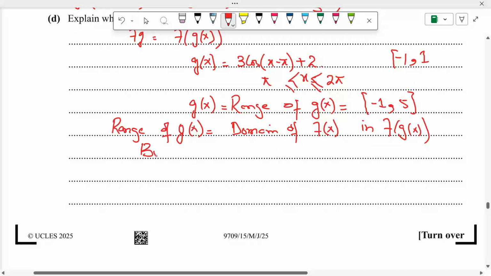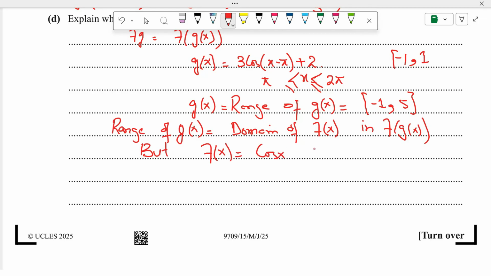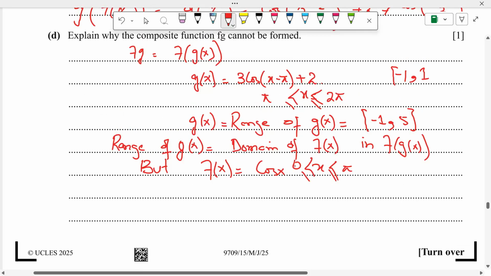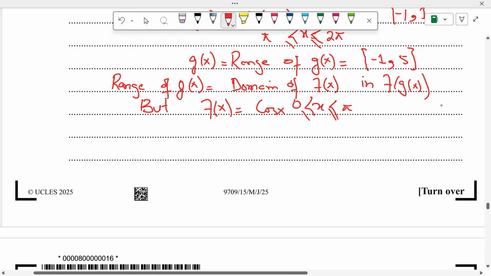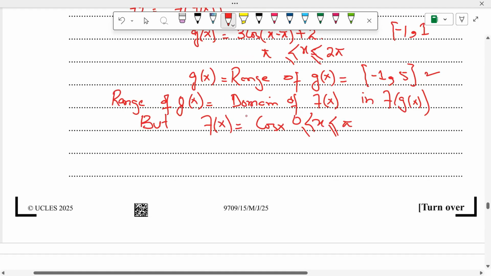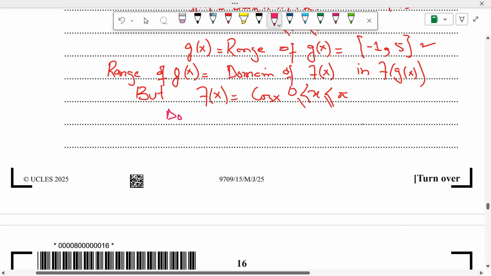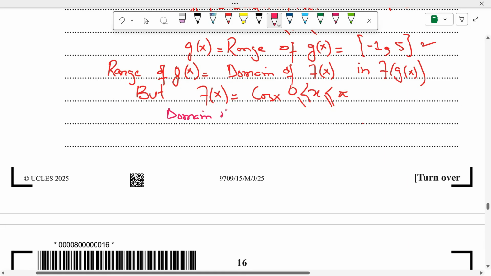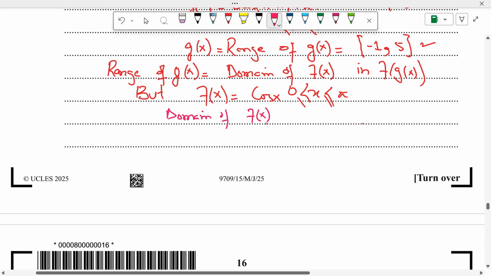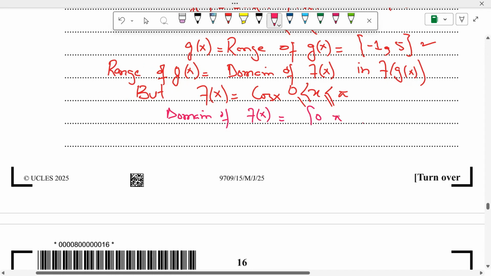But f of x is equal to cos of x, where the domain of f of x is less than or equal to pi and greater than or equal to 0. We know that the range of g of x, which is negative 1 to 5, should be equal to the domain of f of x, which is 0 to pi. So we can say that the domain of f of x is 0 to pi.